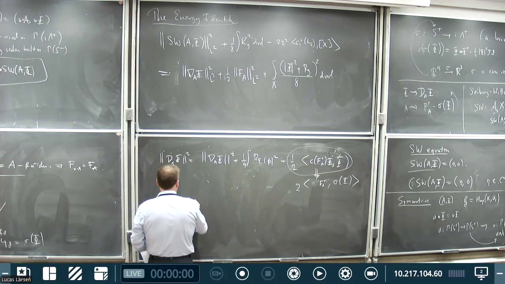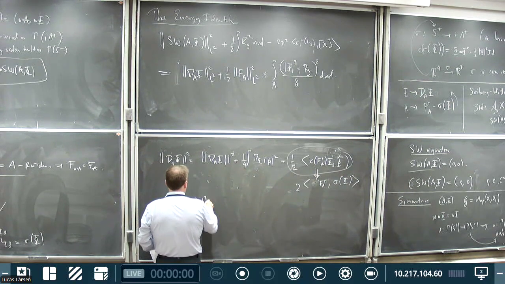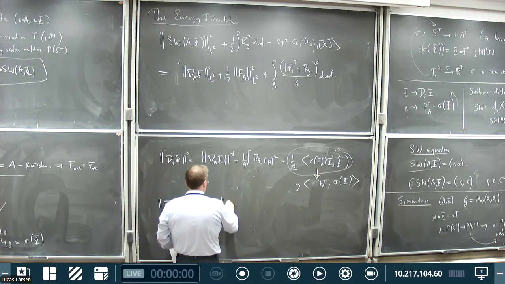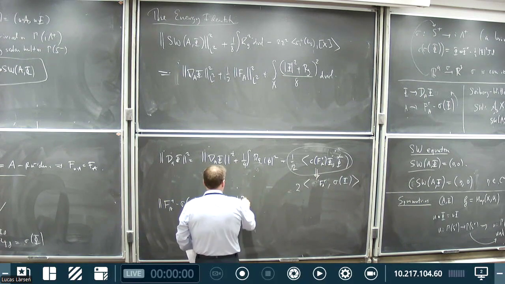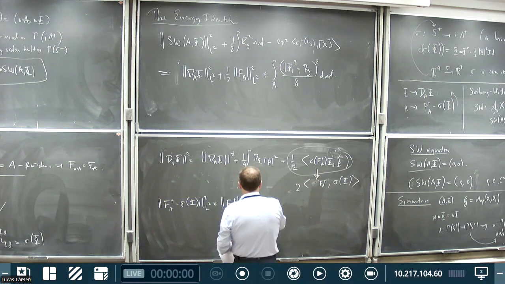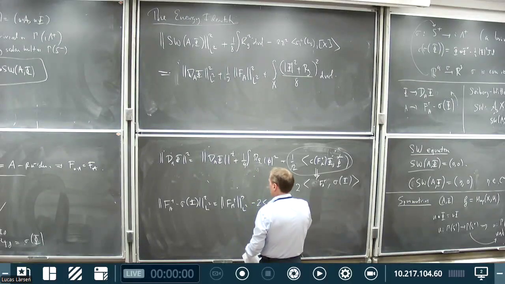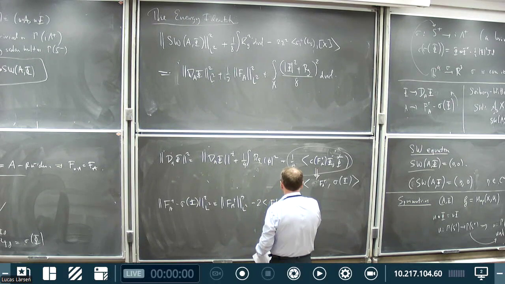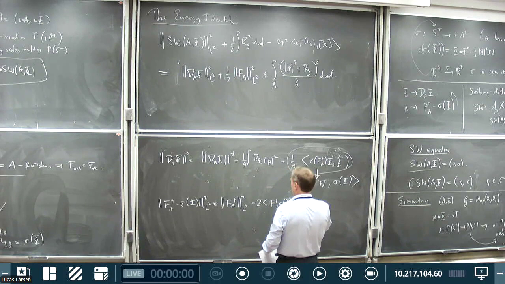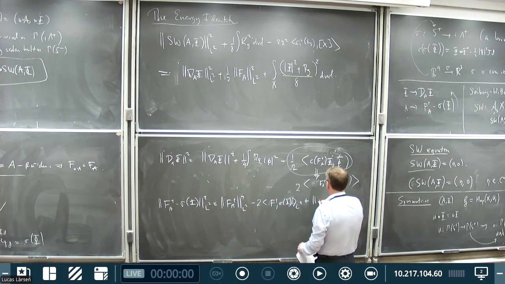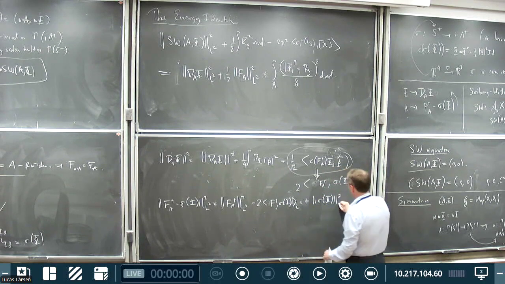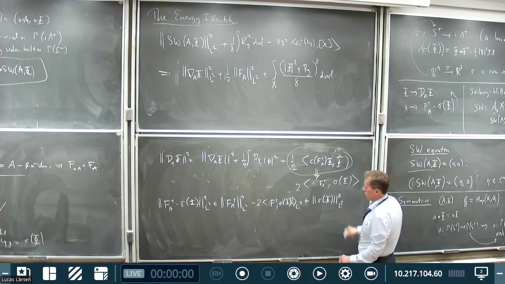Well, if I expand out this, it's plus squared minus 2 plus inner product sigma phi L2, and then sigma phi L2 norm squared.